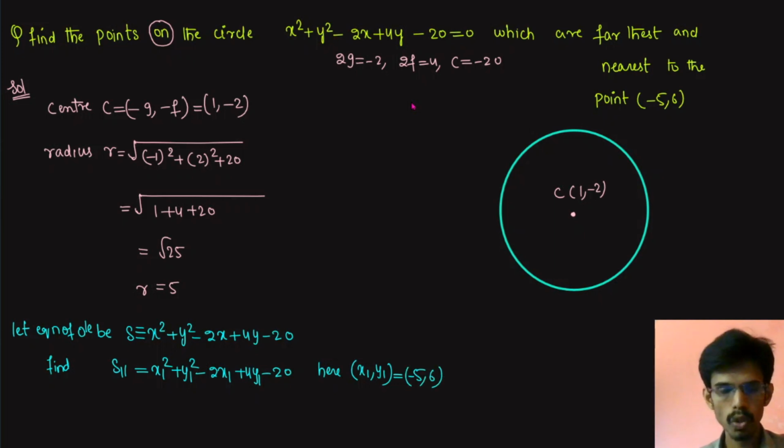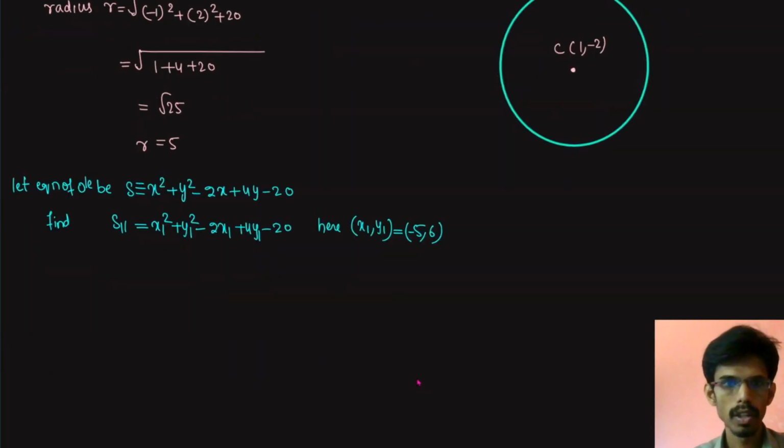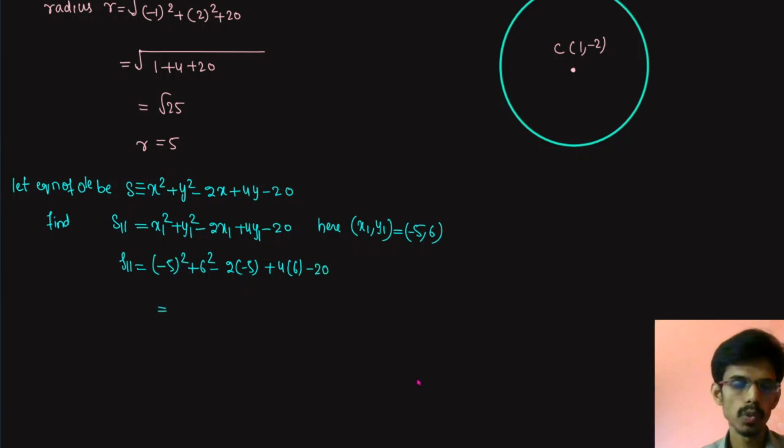I am doing this to confirm whether this point is lying outside or inside or on the periphery. Now put this value here. S11 is equal to minus 5 square plus 6 square minus 2 into minus 5 plus 4 into 6 minus 20. 5 square will be 25 plus 6 square is 36 plus 2 5s are 10 plus 4 6s are 24 minus 20.